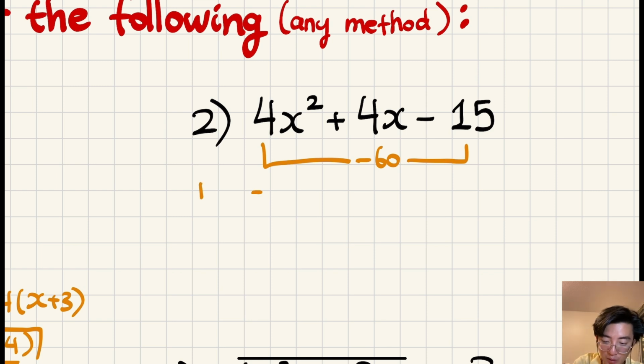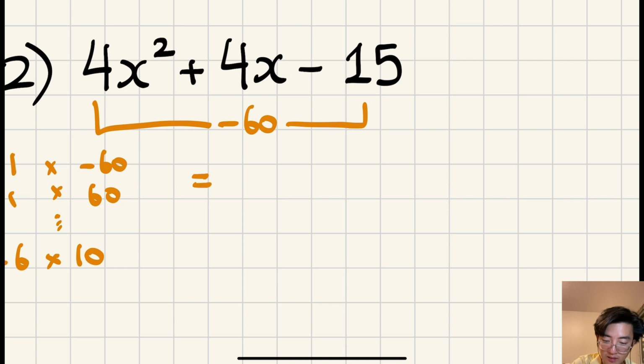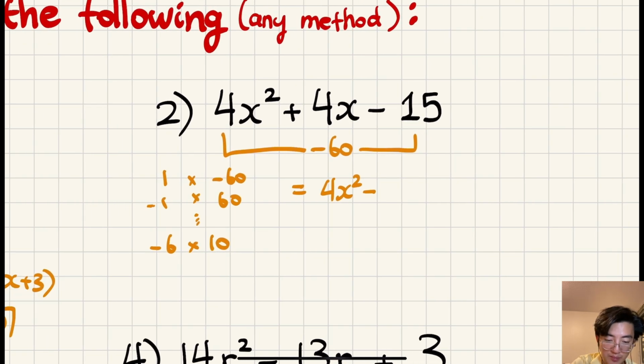So we have 1 times negative 60, negative 1 times 60, etc. Eventually, you'll get to negative 6 times 10, which gets us positive 4, which is what we want.